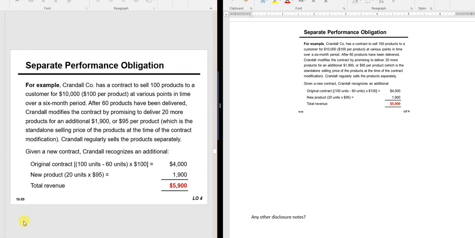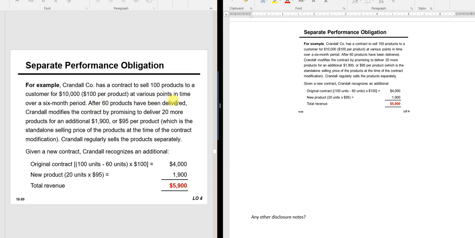Crandall Company has a contract to sell 100 products to a customer for $10,000, $100 per product, at various points in time. So hopefully you're writing this out here. 100 products times $100 equals $10,000 over a 6-month period.